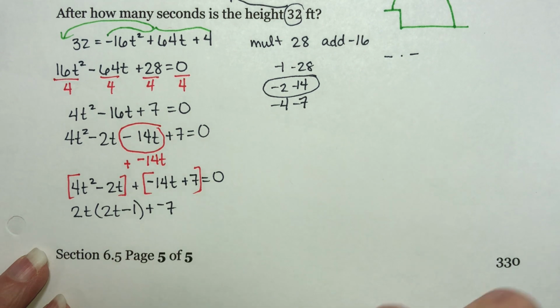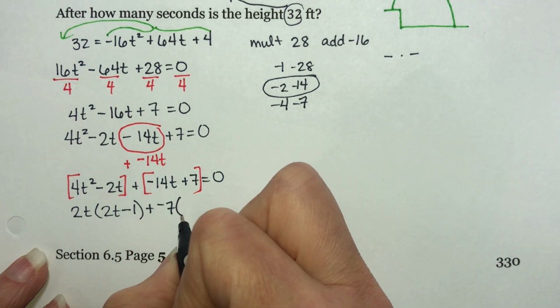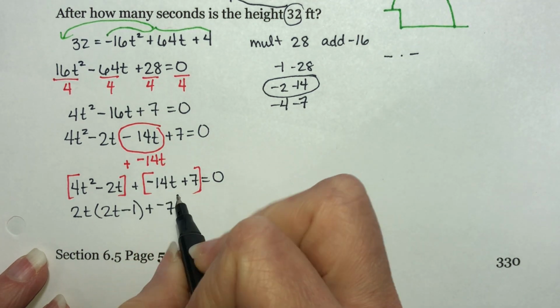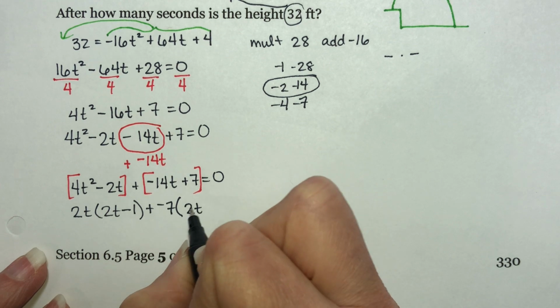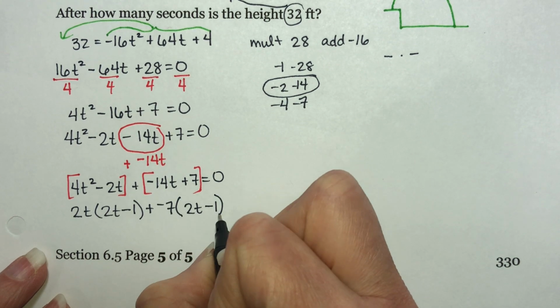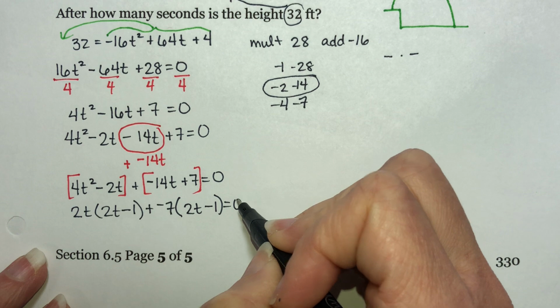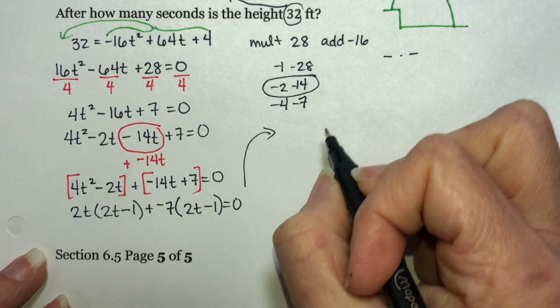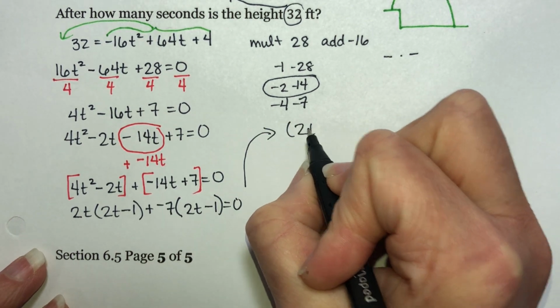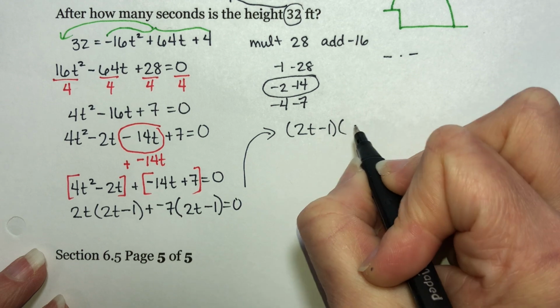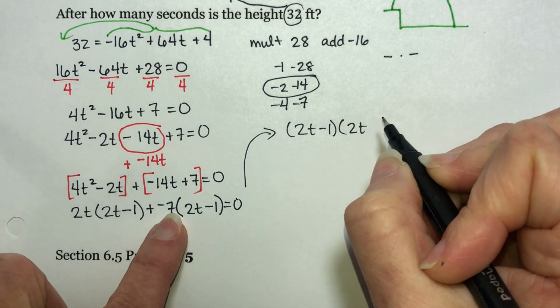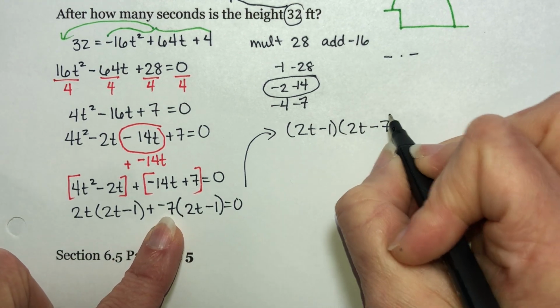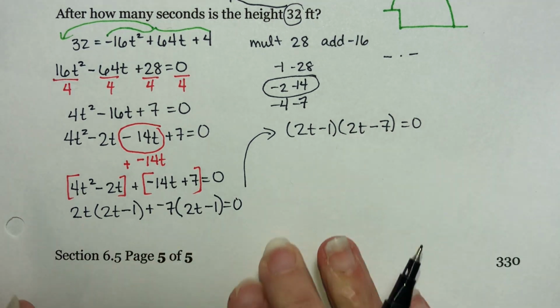So I'm going to factor out a negative 7 instead, because the only difference was my signs. Now this will give me a positive 2t and a minus 1 equals 0. Okay? So now I'm coming up here, and I have 2t minus 1 times 2t plus negative 7, which is the same as minus 7, equals 0.